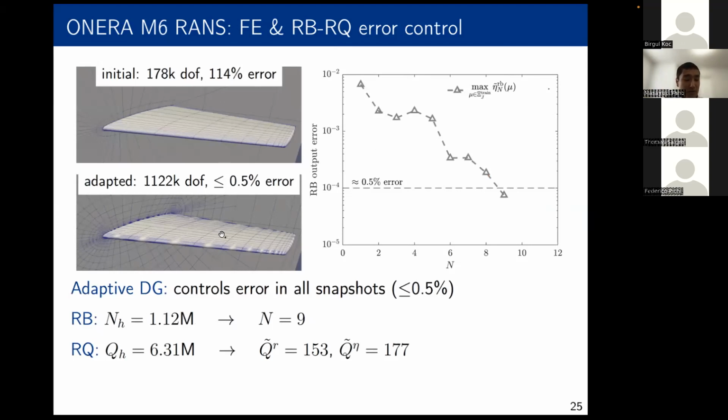So the final mesh has about 1.1 million degrees of freedom, and this mesh achieves less than 0.5% error in drag compared to the initial mesh that had 114% error. Now, in terms of the ROM that's been constructed, we end up with a ROM with just 9 modes, and the hyper-reduced ROM reduced the number of quadrature points from 6.3 million to just 153 for flow computation and 177 for the dual problem.